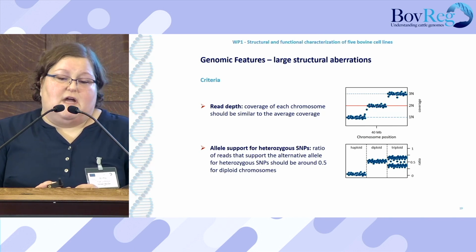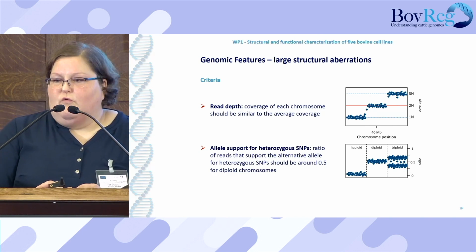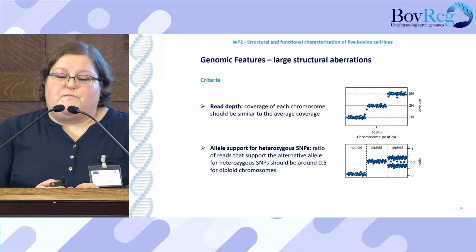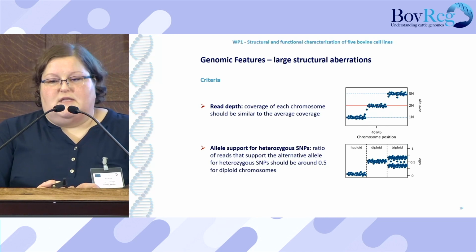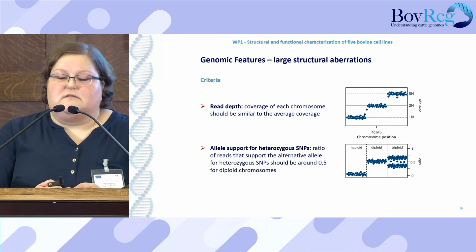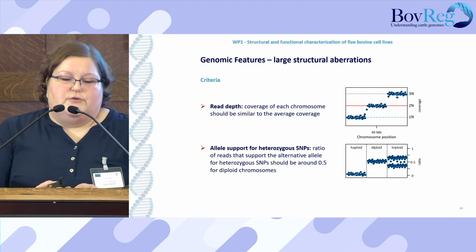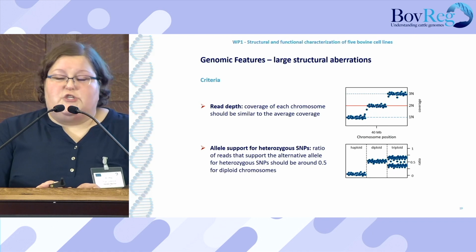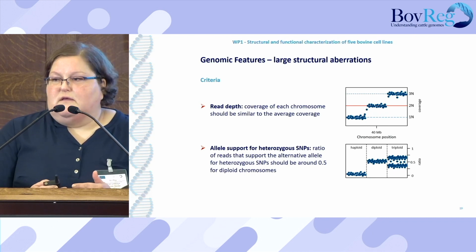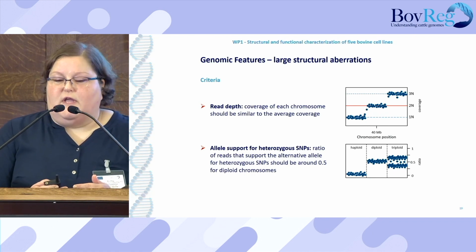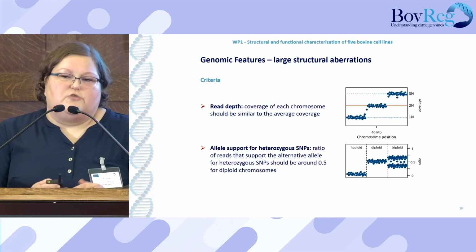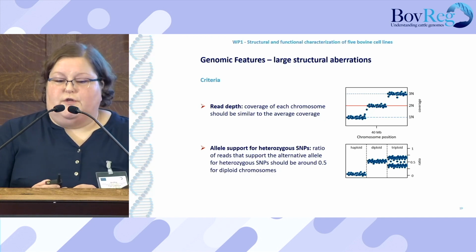And if the coverage is much lower or much higher than the average coverage, that is a sign that there might be a change in ploidy. In addition, we use the ratio of the wild type and the alternative alleles for heterozygous SNPs, and this should be around 0.5 for diploid chromosomes.